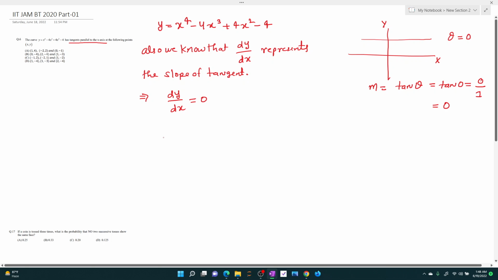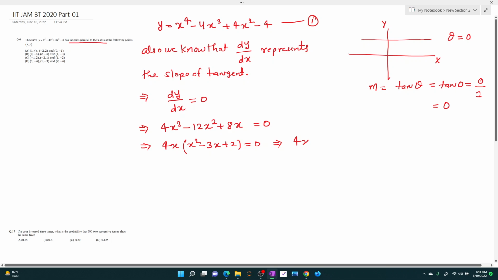If we differentiate this with respect to x, the derivative comes out to be 4x power 3, then 12x square, then 8x, equals 0. I can take 4x common, so this becomes x square minus 3x plus 2 equals 0.